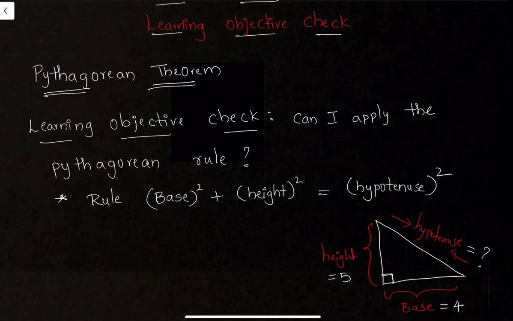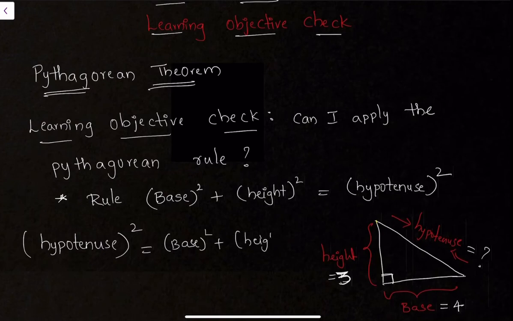Sorry, the height could be 3, not 5. So if the height is 3 and the base is 4, to find out the hypotenuse, hypotenuse square equals base square plus height square.